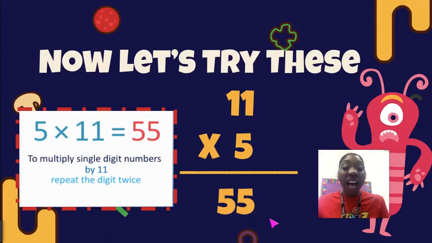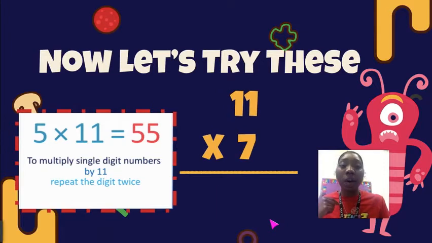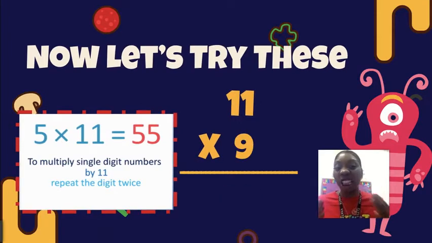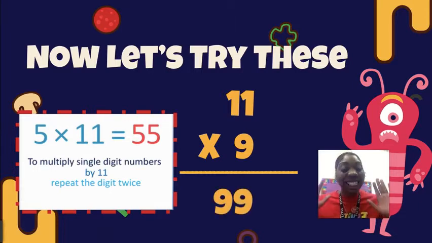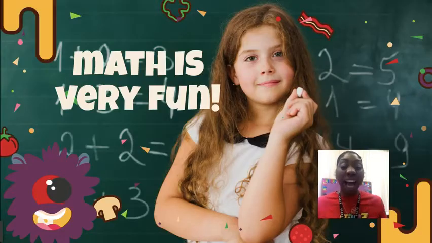Excellent, 55. What about 11 times 7? You got it, 77. What about 11 times 9? 99. Excellent job. And this is a great trick that you can use every time you have to multiply by 11. Isn't math the best? There's so many tricks that we can use to help us become better mathematicians.